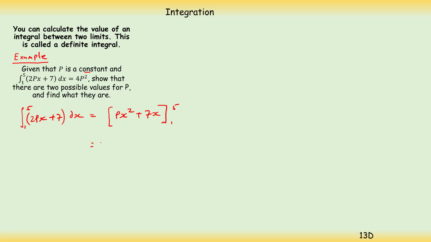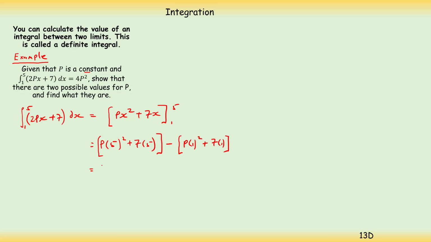So we've got p times 5 squared plus 7 times 5 in square brackets minus p times 1 squared plus 7 times 1.